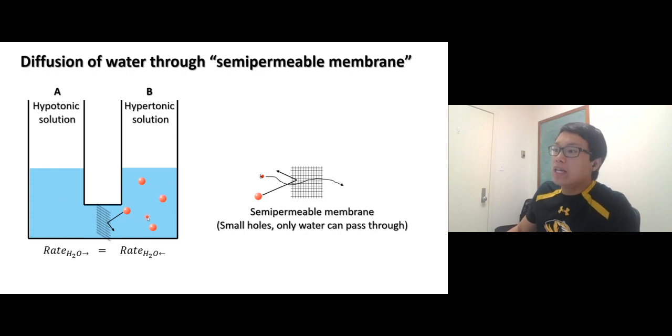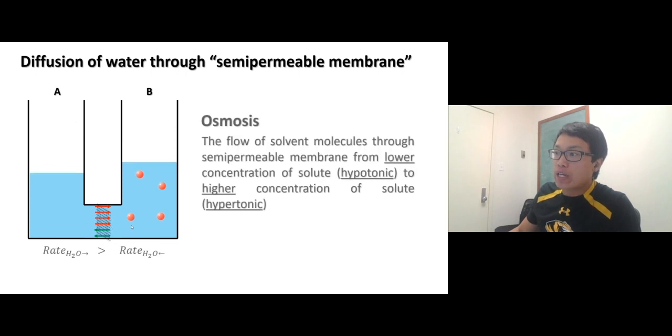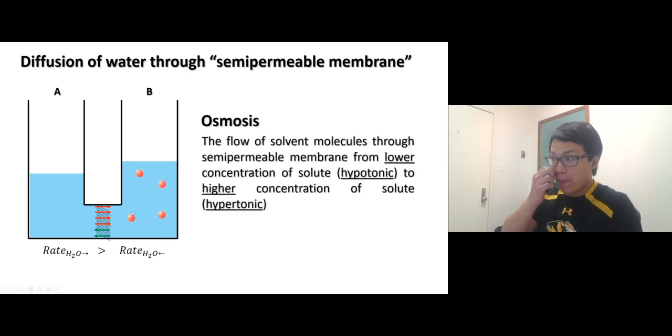So water is the only thing that can pass through. The rate of water going from A to B will be higher than the rate of water from B to A. And we're going to end up with the water level in compartment B higher. Now we have a word for you: osmosis is the flow of solvent molecules through a semi-permeable membrane, not just flow.